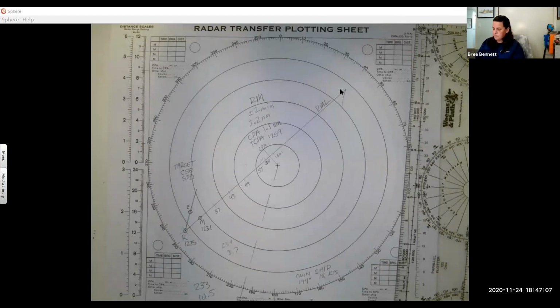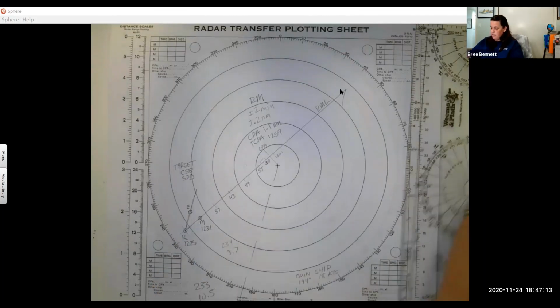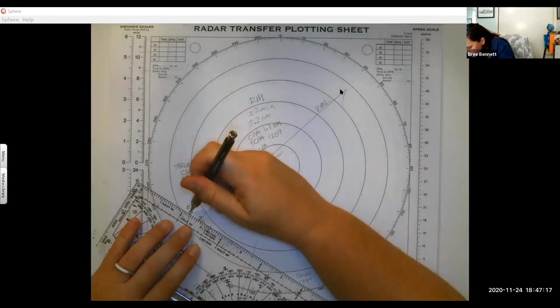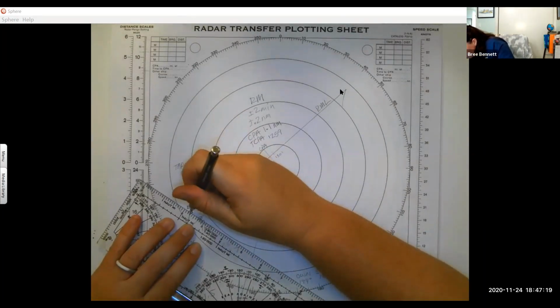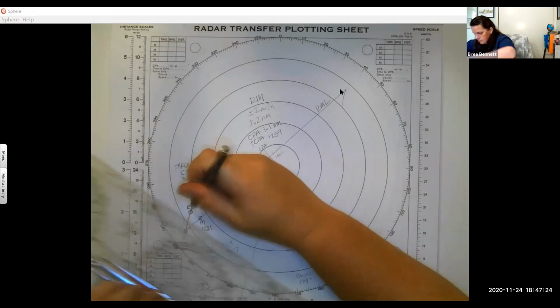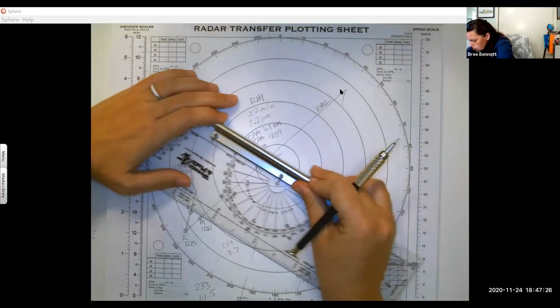Okay. So now I want to connect my E to M so I can get what their course and their speed is. I'm gonna have to do it this way.